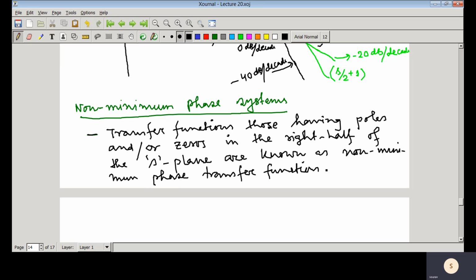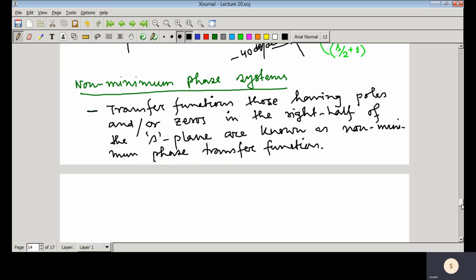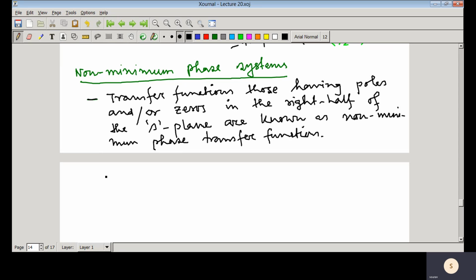So we have discussed it in the time domain analysis. That means if there is a zero on the right half of that S-plane, we have seen what would be the time response. So if this is t and this is say y(t), if there is a zero on the right half of that S-plane, we have seen that there would be one negative kick and it goes like that. So that negative overshoot would come.